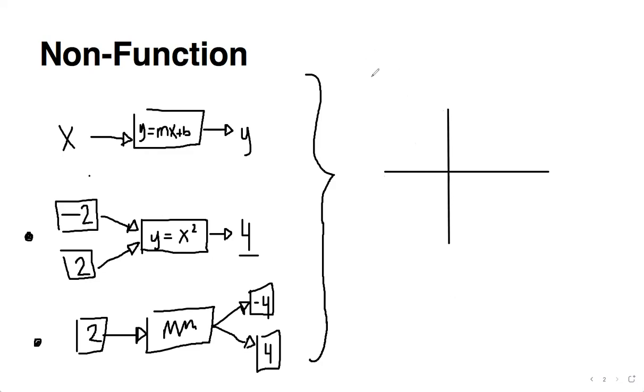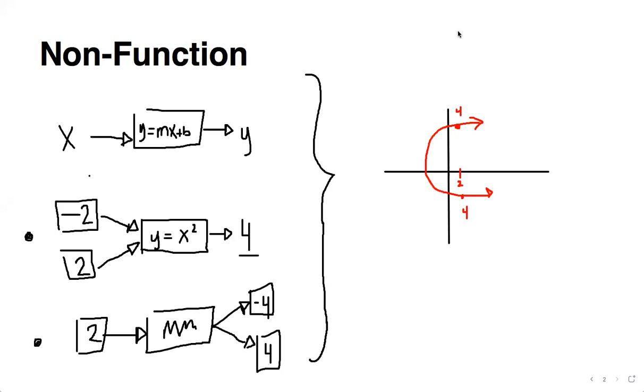So if I were to draw a function, let's do the non-example first, right? Let's draw it like this. So here's my point 2. And when I put in 2, I got out +4, and I also got out -4.